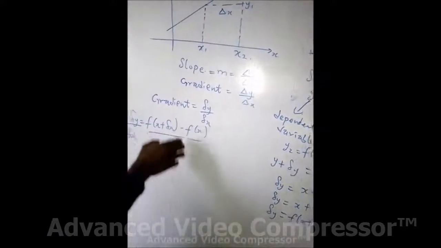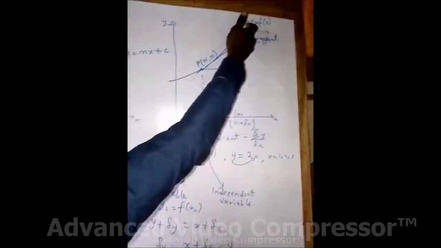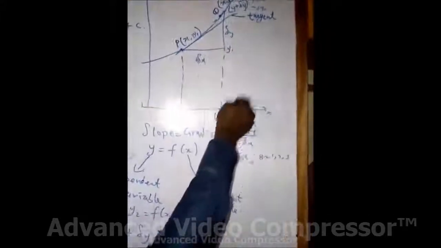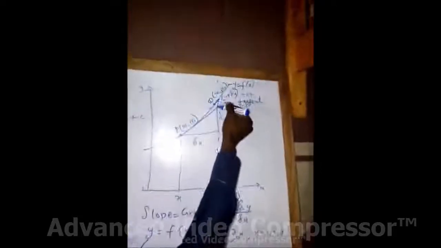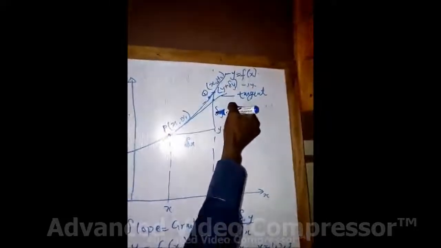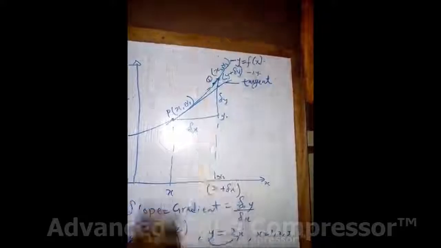These two notations represent the increment in x here and the increment in y here, which is the second point of x, second point of y. And this increment we have in y here, that is the distance between this place and this place, is what they are talking about. That is the increment in y. This is y1, of course. Then from here to here, we have increment in y.